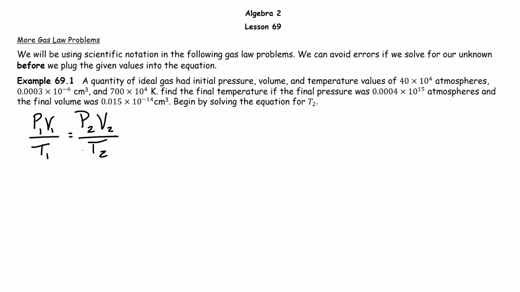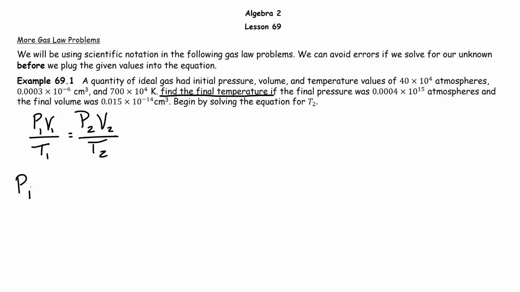So we're going to start by solving for the final temperature because that's what we're looking for. And since we are going to have to plug in all this messy stuff, it's best if we just go ahead and get T2 by itself before we even start. So we'll cross multiply. Since this is a proportion, we know the cross products are equal.